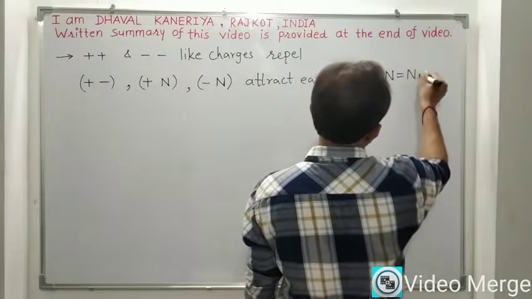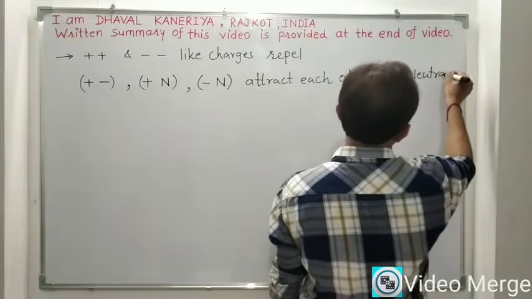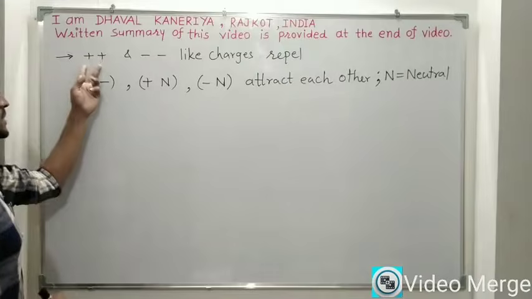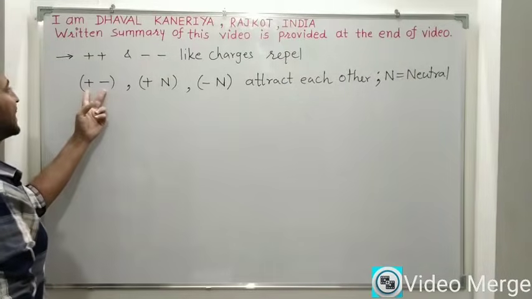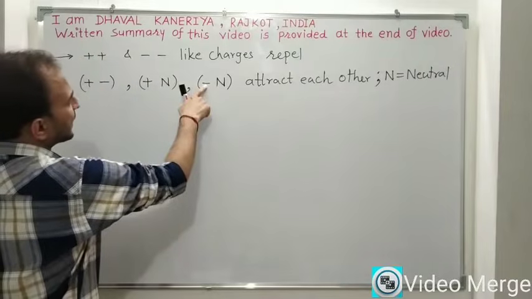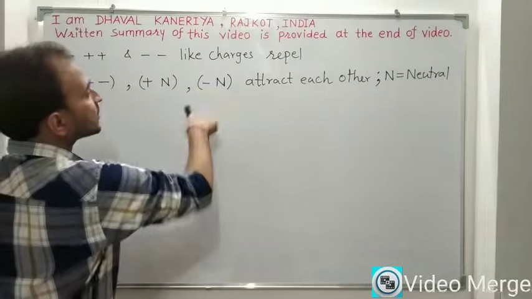N is a neutral body. Positive positive repulsion, negative negative repulsion. Plus minus, unlike charges, they attract each other. Whether it is positive or negative, it will attract a neutral body.